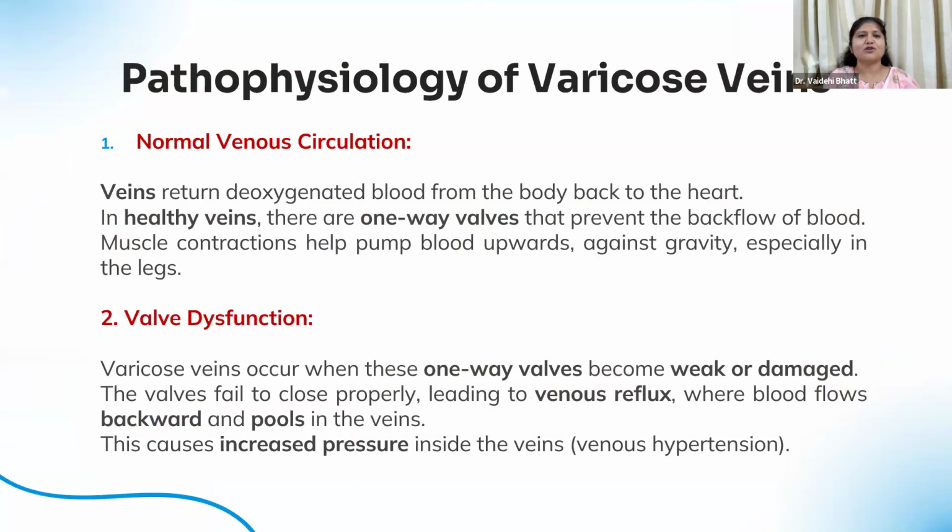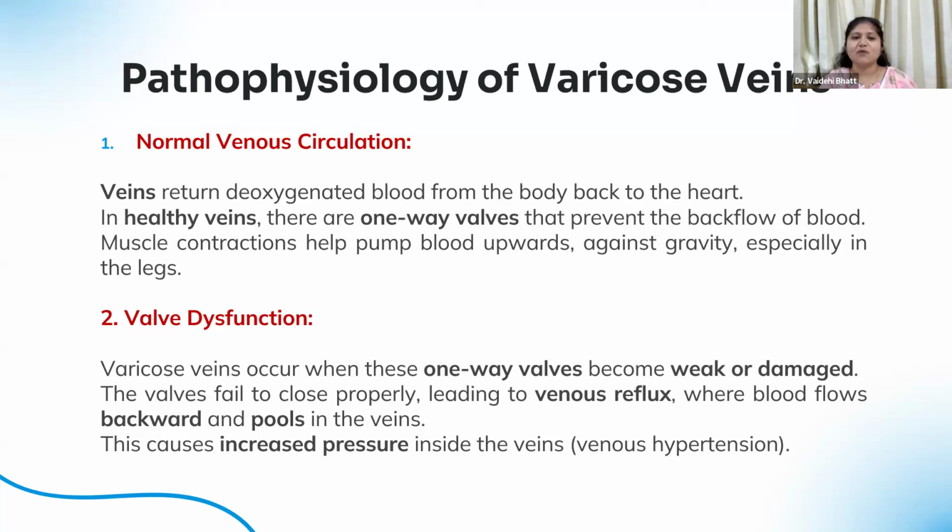What is the pathophysiology behind the development of varicose veins? In normal venous circulation, as I told, one-way valves prevent the backflow of blood. Especially, they help muscle contraction pump blood upwards against gravity, especially in our legs.